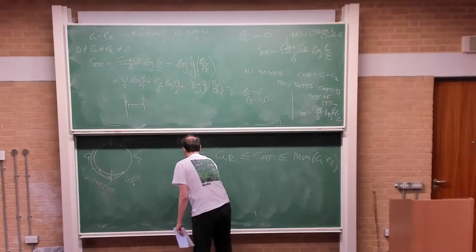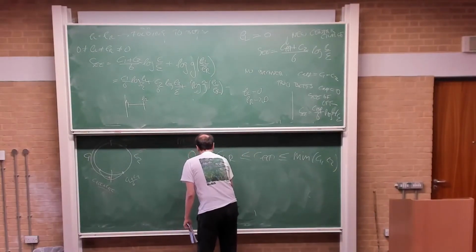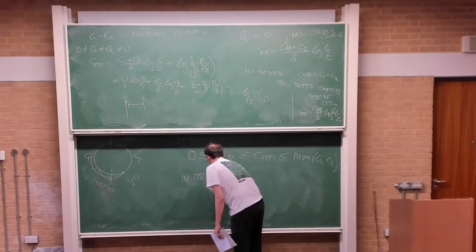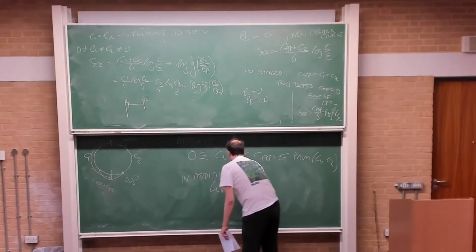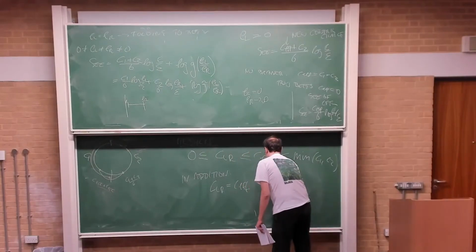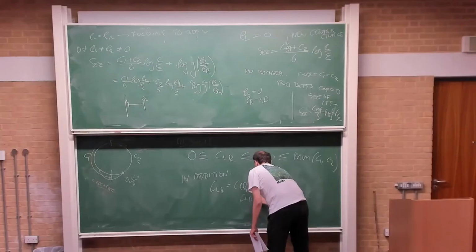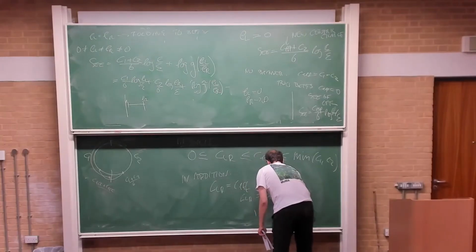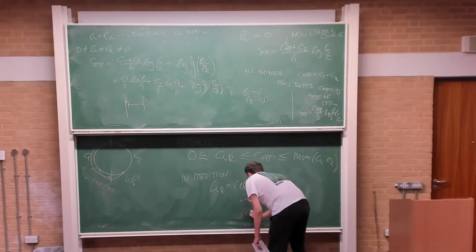Furthermore, you can ask yourself, when is the inequality ever saturated? We are claiming it is only true when both of them are either the upper value or both of them are the lower value.